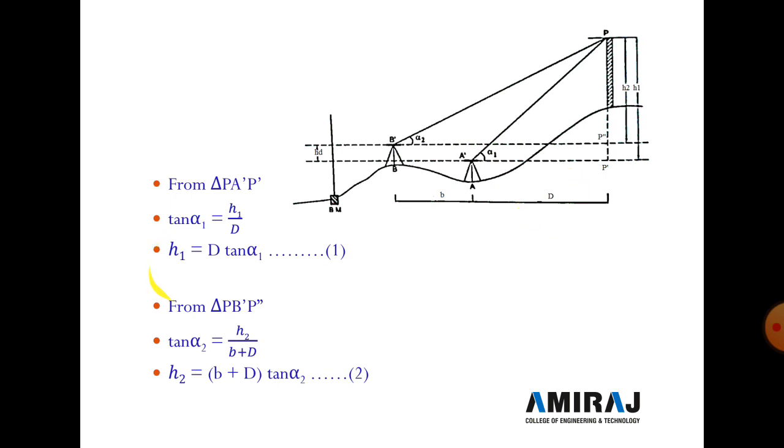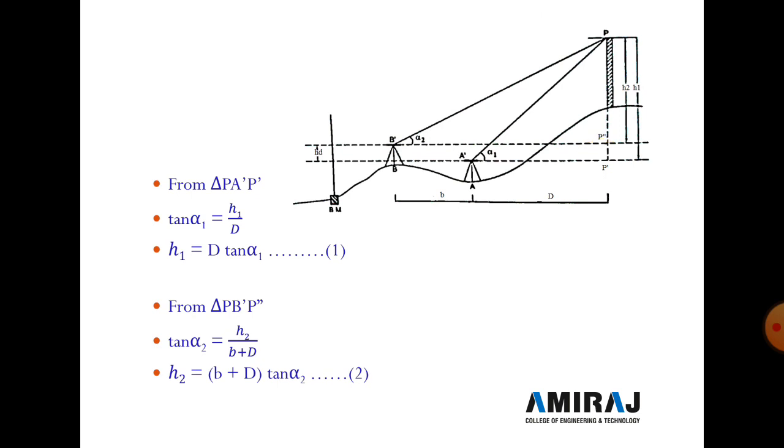Now h1 is equal to d tan alpha 1. This is equation number 1 for this case. Now we take another triangle, with the top of the point P, B dash and P double dash.